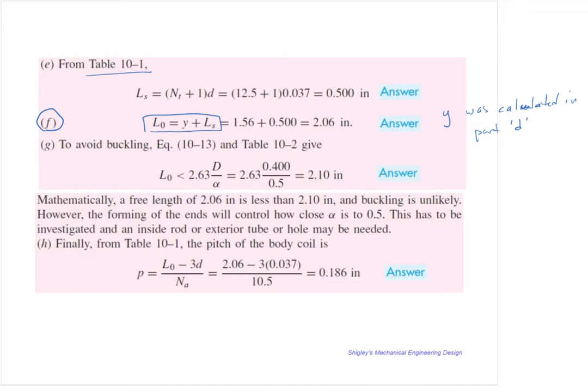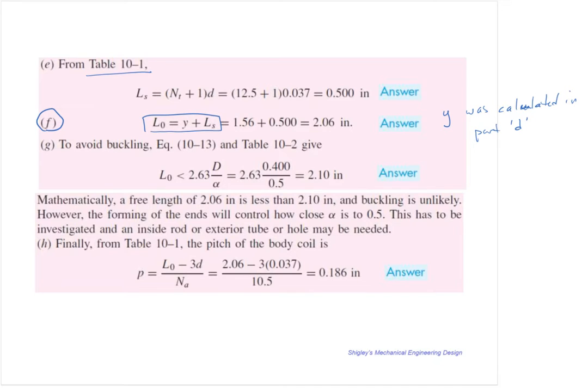It's sort of a tricky little question, but once you see it, you're like, oh yeah, if Y is the deflection to yield it, and we don't want to go past Y, the way to stop the spring from compressing past Y is to make the total length Y plus the solid length, and then when you get to the yield condition, you're already at the solid length, and there's no possibility of going further, so your spring never yields.